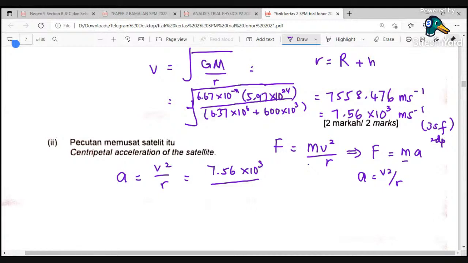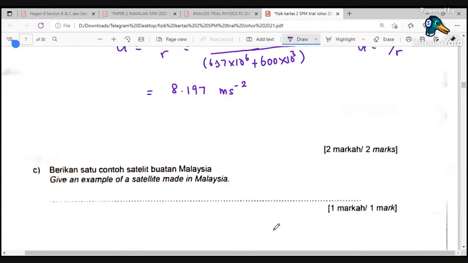Okay, 6.37 times 10 power 6 plus 600 times 10 power 3. You will get the answer is 8.197 meter second negative 2. So this one is centripetal acceleration.